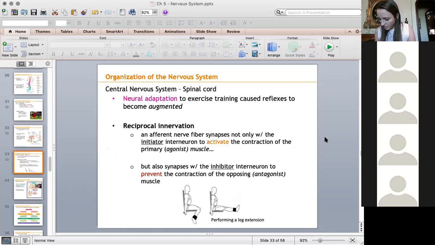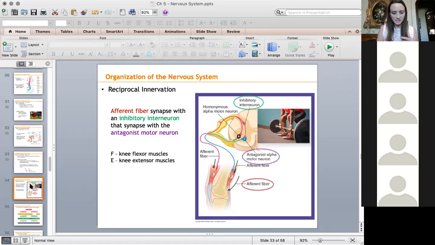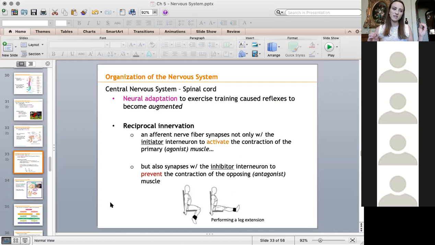Next, let me look at the review. It does say that reciprocal innervation is on your exam. Going over this, it's pretty simple to understand. It's easier to understand when you apply an example to it, which we can do. It's basically this slide right here and the last slide too. It's when the afferent nerve synapses with the initiator, but also with the inhibitor.